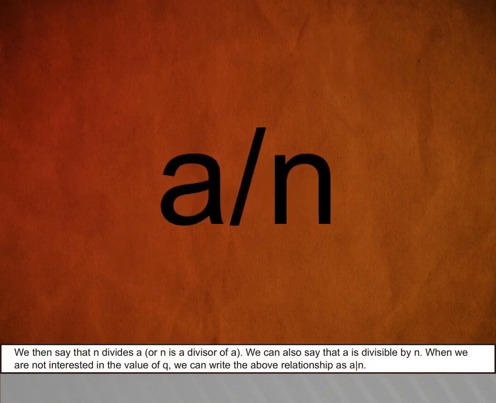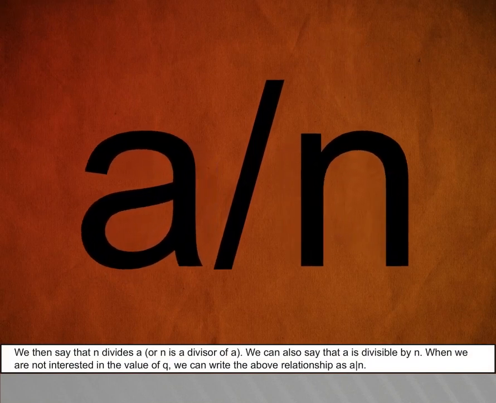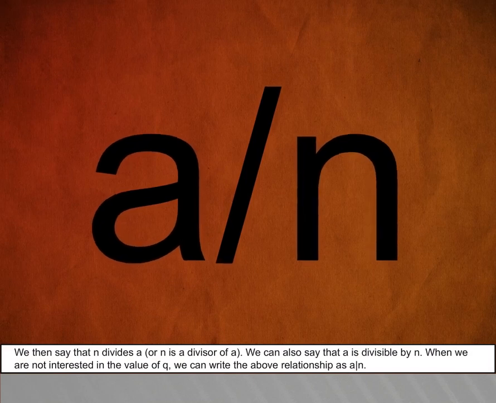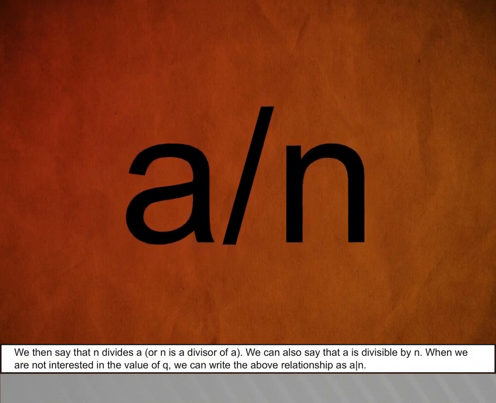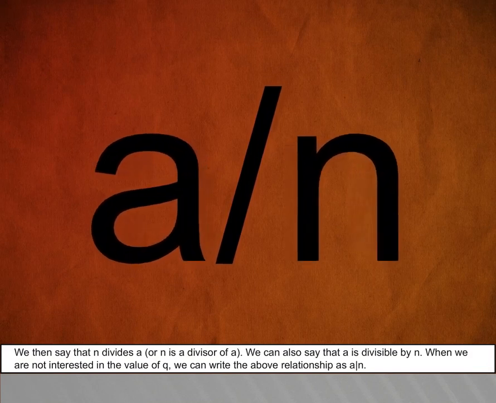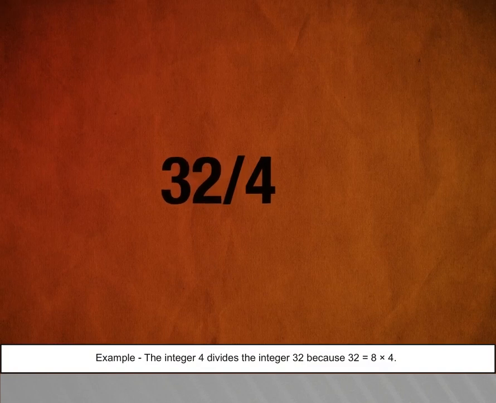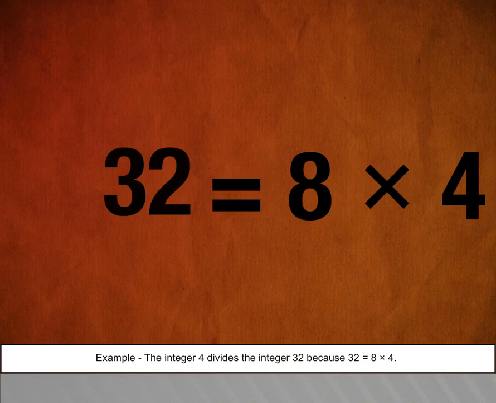We then say that n divides A or n is a divisor of A. We can also say that A is divisible by n. When we are not interested in the value of Q, we can write the above relationship as n | A. Example, the integer 4 divides the integer 32 because 32 is equal to 8 into 4.